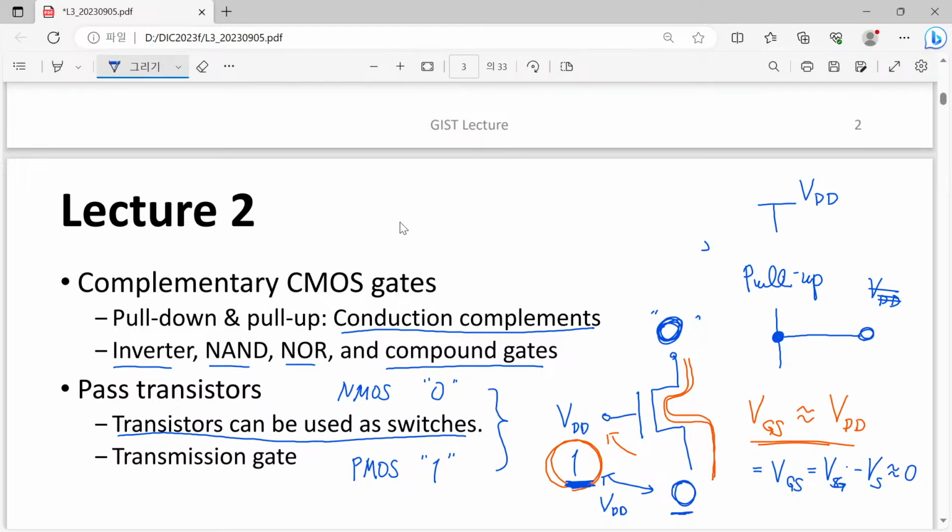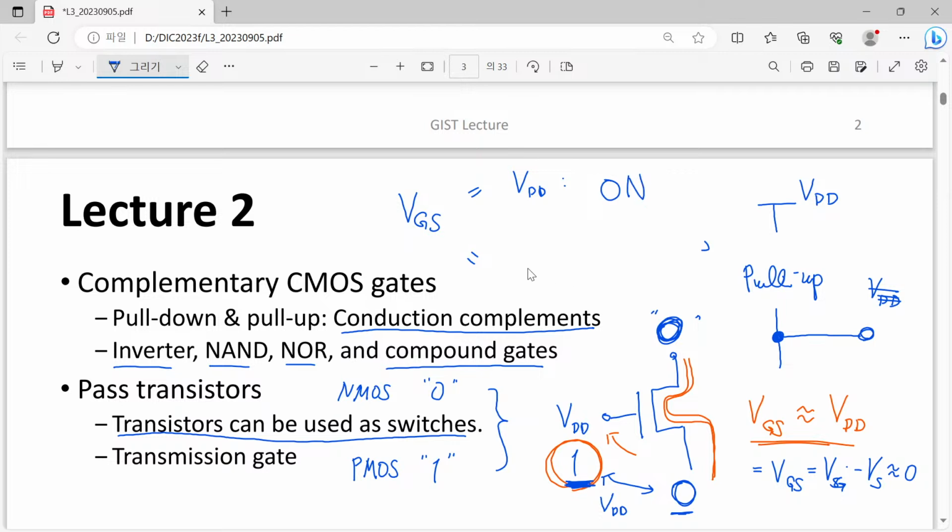Okay, so you have to understand this one. Transistor VGS. Let's think about several cases. When this is VDD, it is certain that our MOSFET is fully turned on.